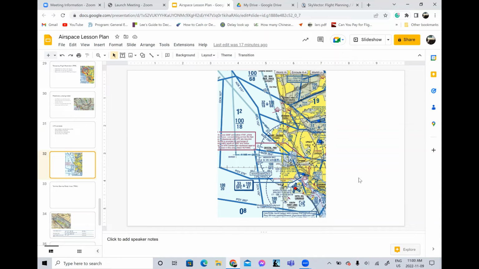And as we mentioned before, the speed limit for going through these corridors is 200 knots. And what's really cool about a VFR corridor is even though you are technically in Class Bravo airspace, you still don't need to talk to anyone.